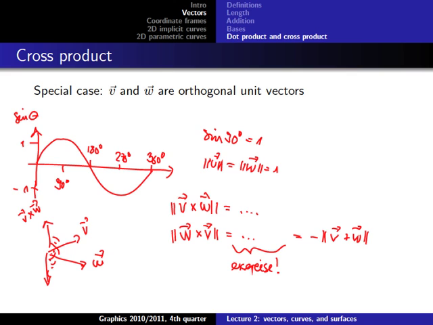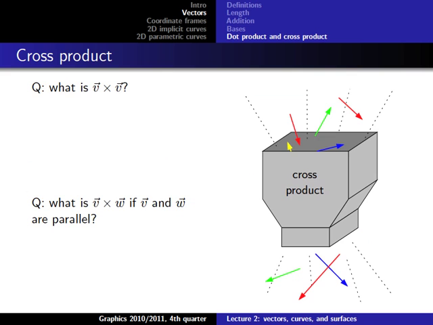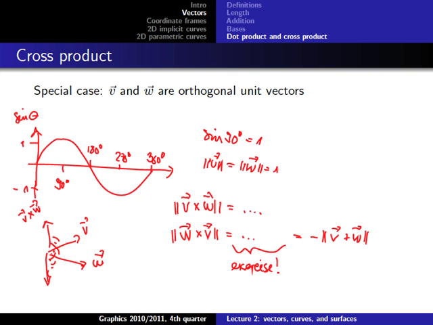So you see this vector pointing up or pointing down depends on which vector you multiply with which one first. So the order matters in the cross product, which means that the cross product is not commutative. So not x, but this cross product.